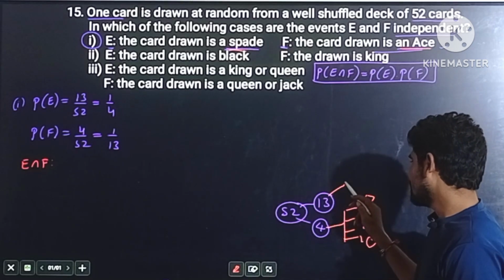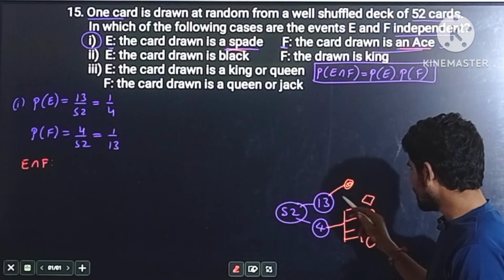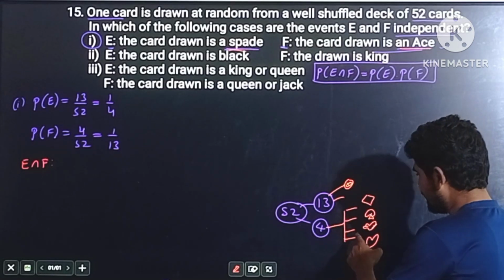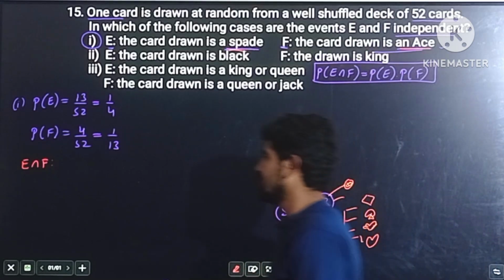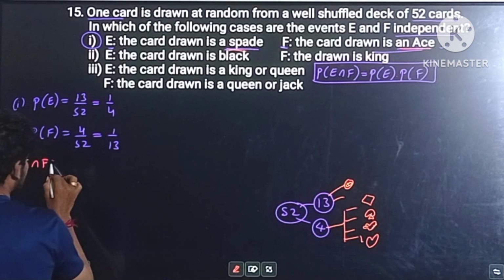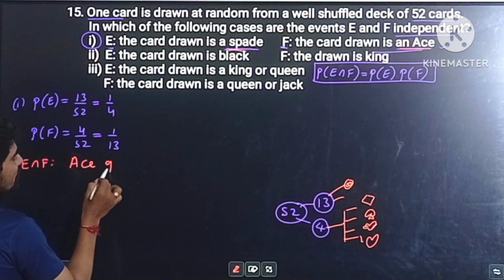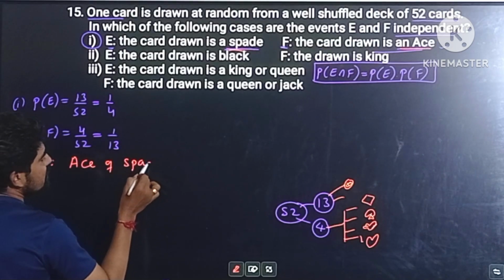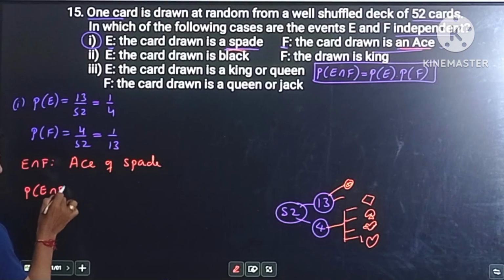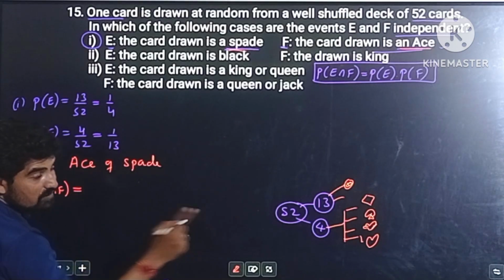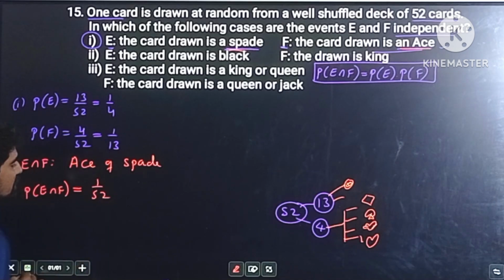So the ace of spade must belong to the event E intersection F. Therefore, E intersection F is the event consisting of the card ace of spade. Therefore, probability of E intersection F is equal to, there exists only one ace of spade card, therefore 1 divided by 52 is the answer.